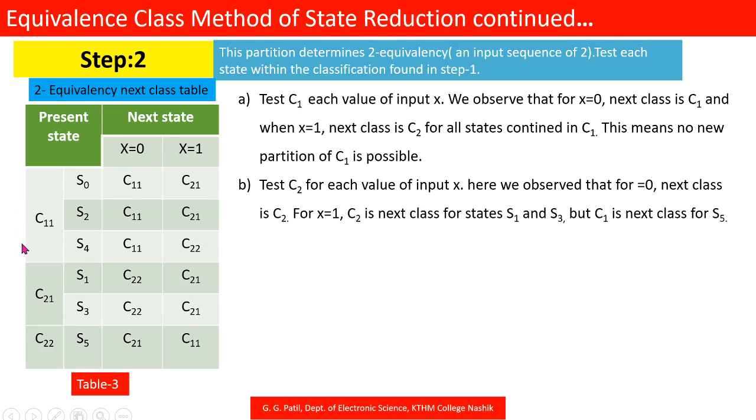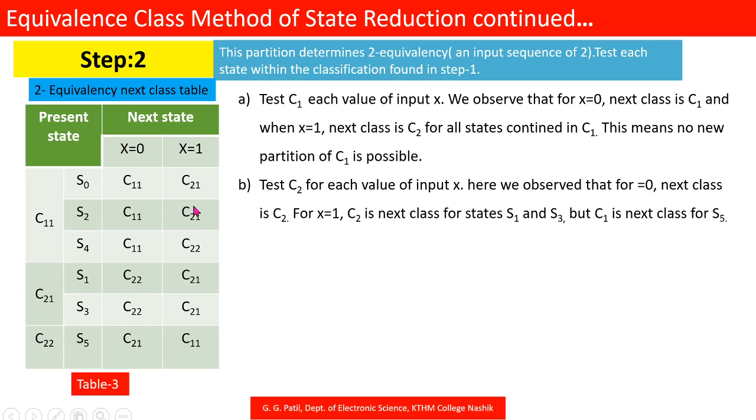C11 contains the states S0, S2 and S4. S1 and S3 belong to class C21, and C22 has the single state S5. So they are classified as C11 having three states S0 S2 S4, C21 having two states S1 and S3, and C22 having S5.